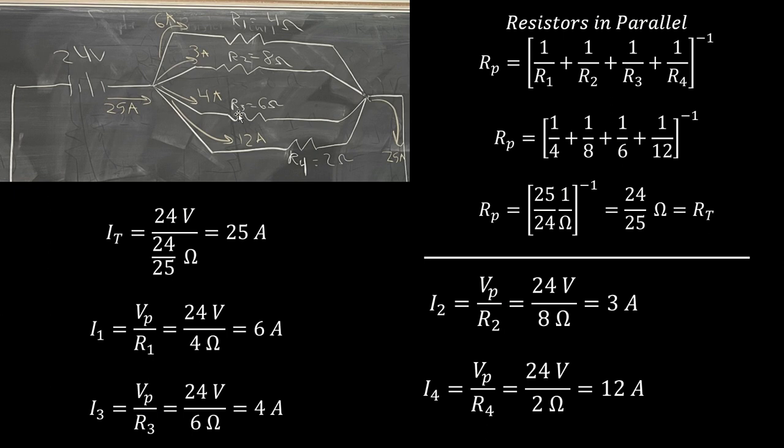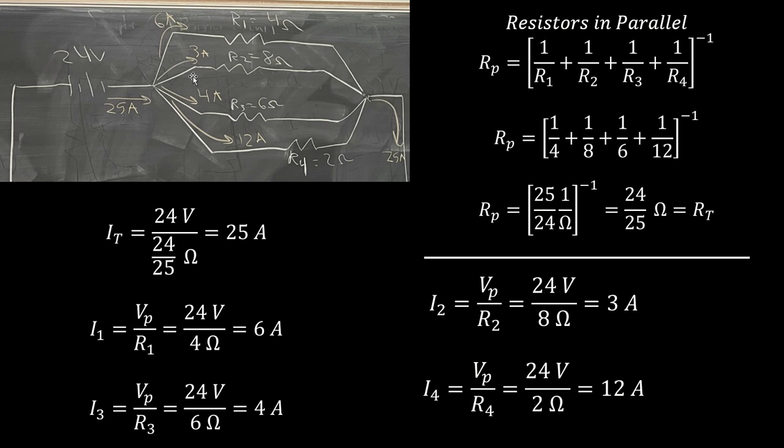The current flowing through path 3 is going to be 24 volts divided by 6 ohms, or 4 amps. And through path 4, that will be the 24 volt drop divided by 2 ohms, which gives us 12 amps flowing through this path. So path 1 has 6 amps flowing through it, path 2 has 3, path 3 would have 4 amps, and path 4 would have 12 amps.